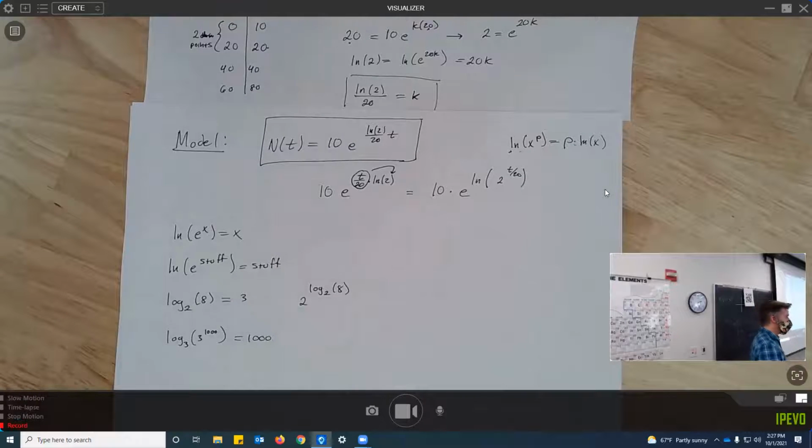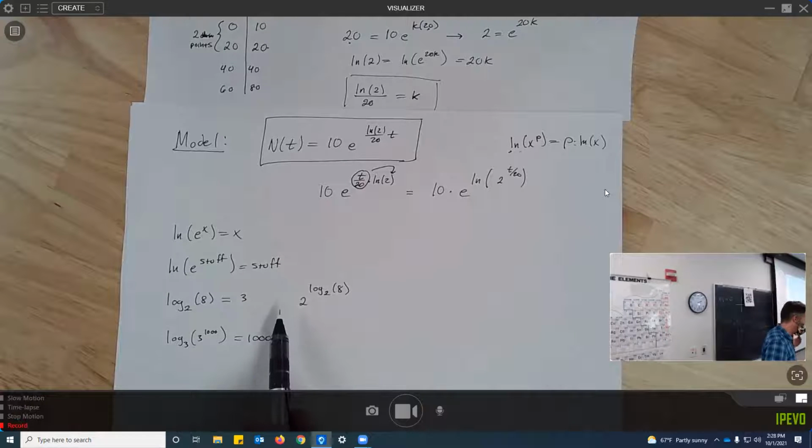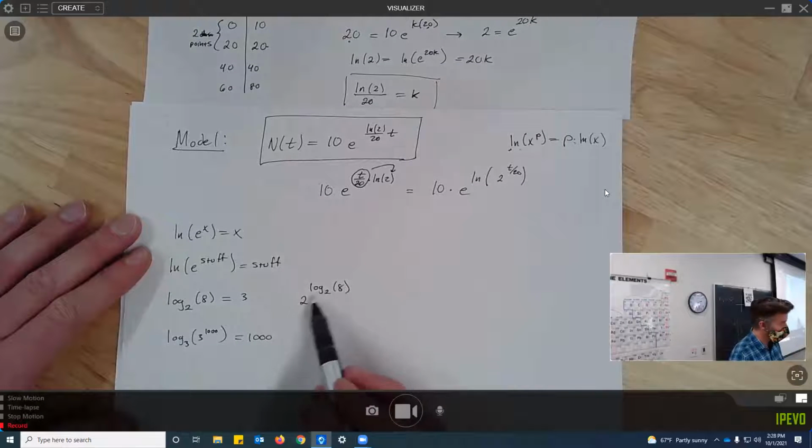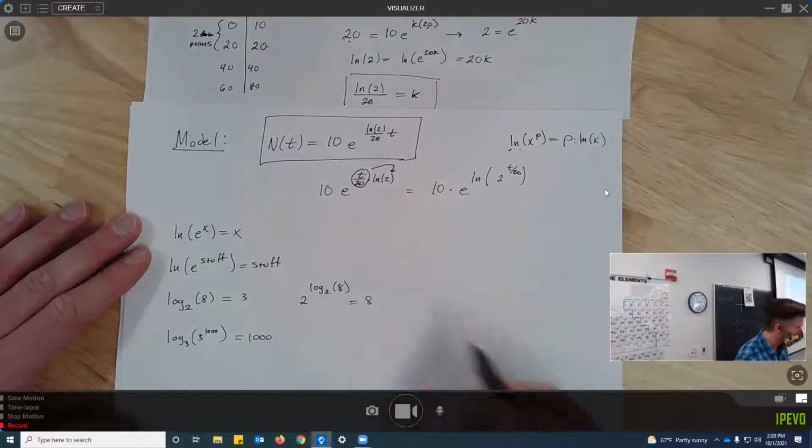Well, we know log base 2 of 8 is 3. But more importantly, if we say the words, it's the power that you raise 2 to get 8. But we're raising 2 to that power, so we get 8.